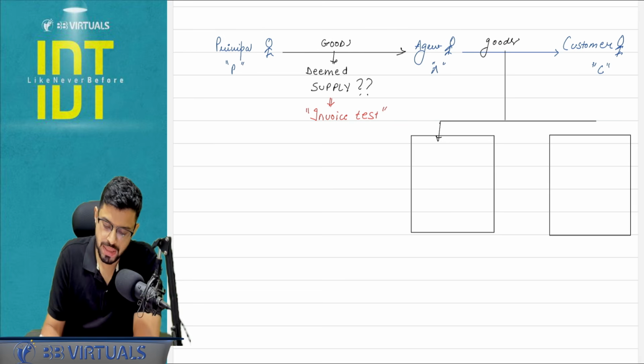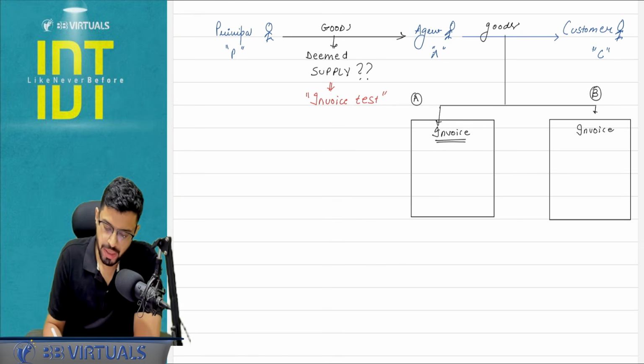For the particular sale to the customer, in case number A, this is the tax invoice; this is case number B. Suppose in case number A, the invoice is issued in the name of the agent to the customer.